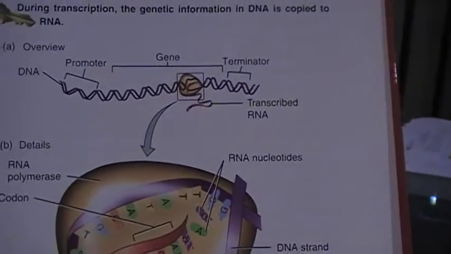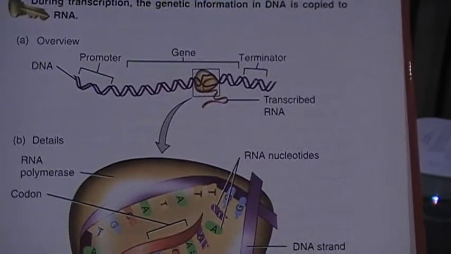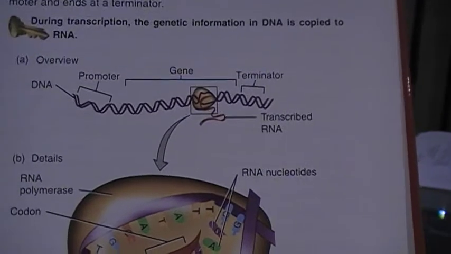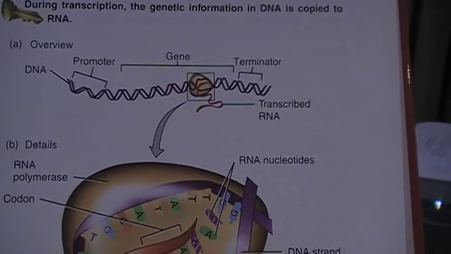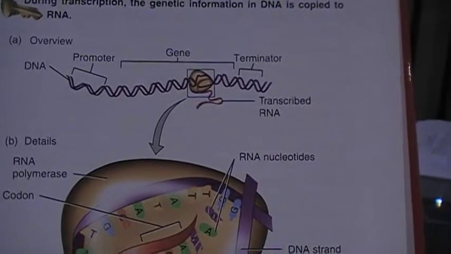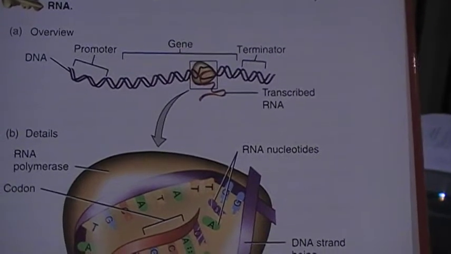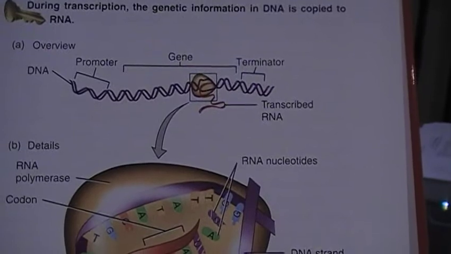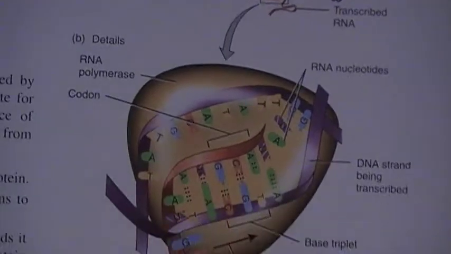These are the steps. It begins at a promoter and ends at a terminator. You can see the transcribed RNA there.